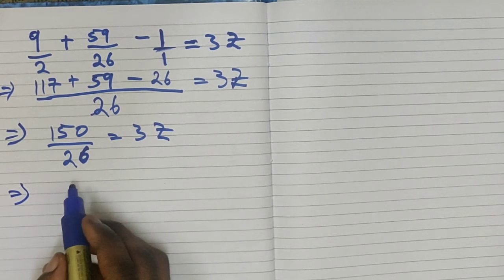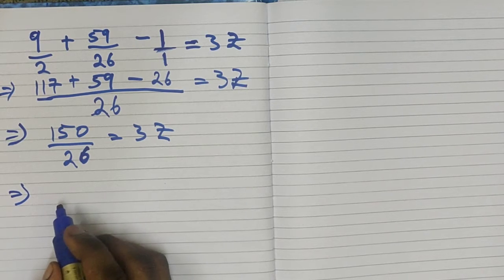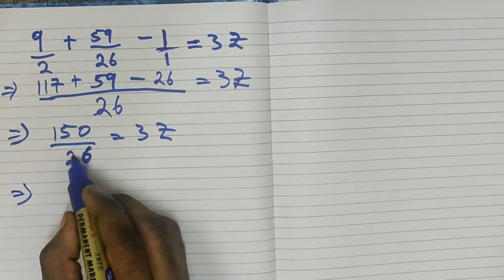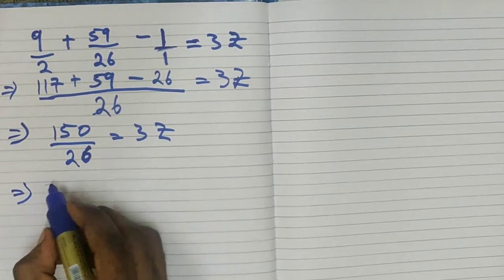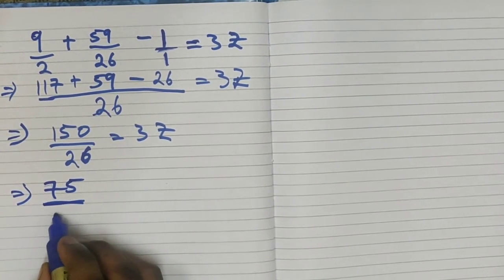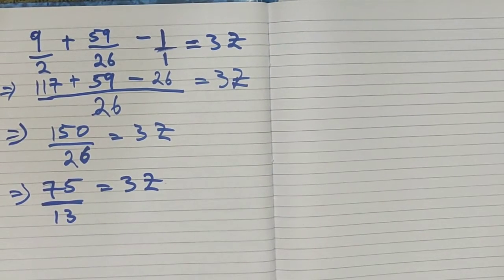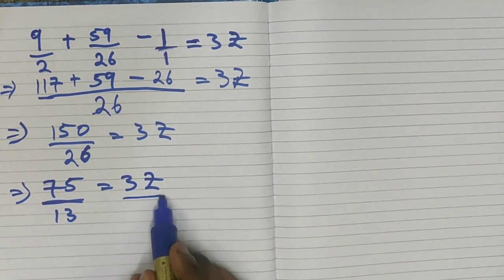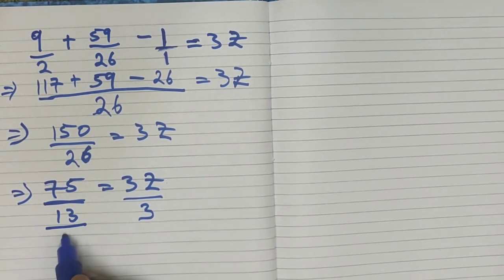If we simplify this, 2 can go here, 13, 2 can go here, we are going to have 75 on 13 equals to 3z. But we are looking for z, so we divide both sides by 3.